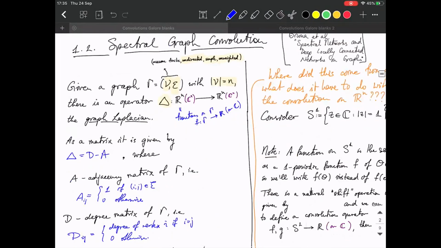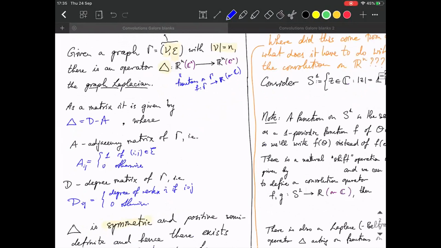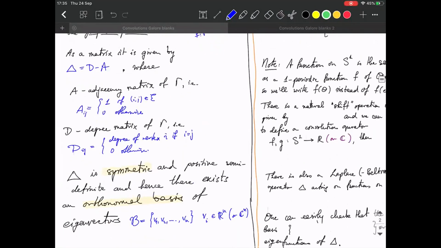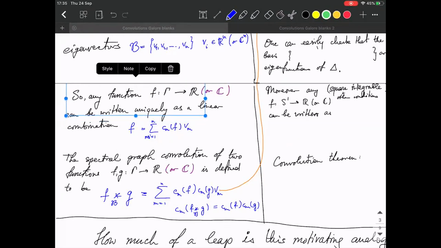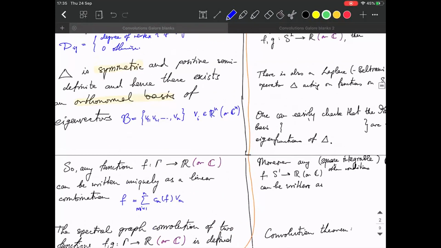Okay, so this is the definition. At first glance, it's pretty removed from the kind of convolution we were discussing before that used the shift operator on the plane to convolve two functions. The motivation for the spectral convolution actually comes from the circle.